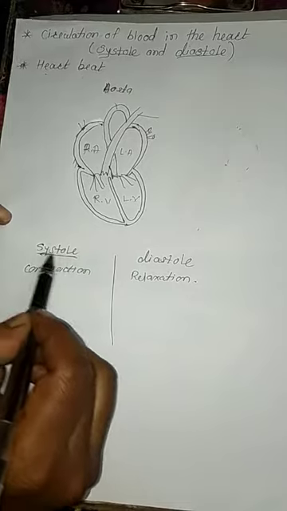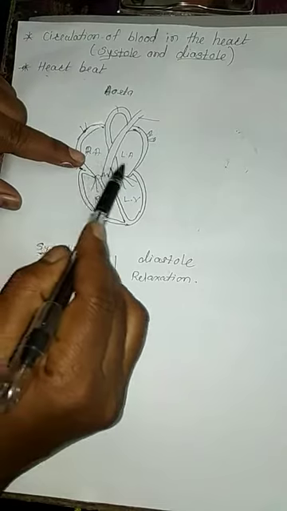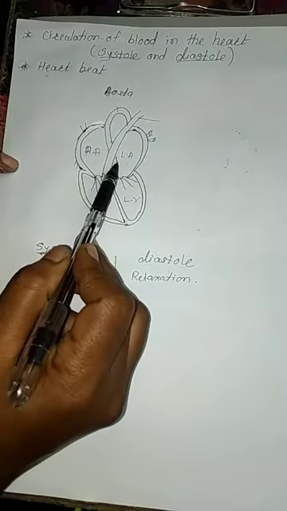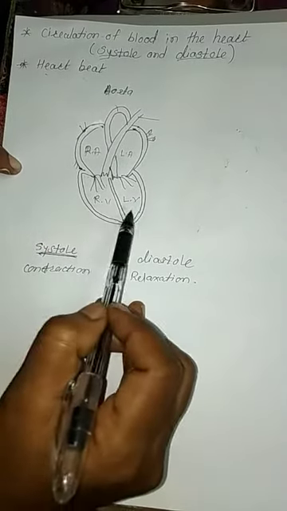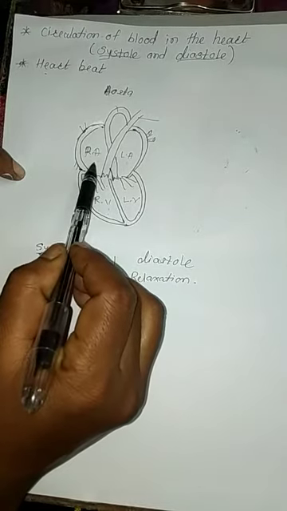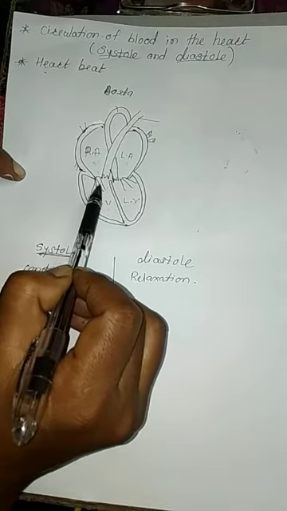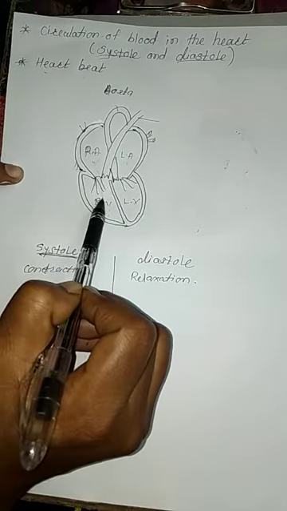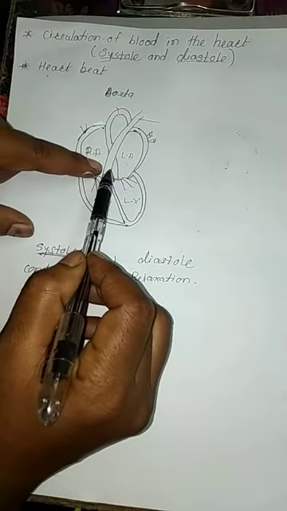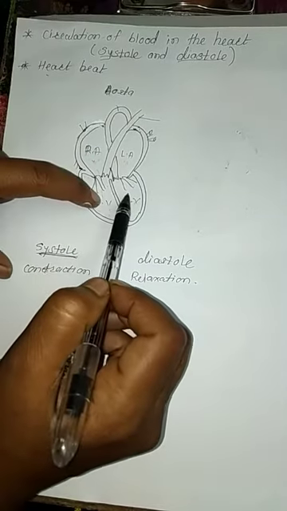Systole. In the systolic phase, when the two auricles contract, simultaneously the two ventricles are relaxed. When the two auricles contract, the blood is pushed towards the ventricles, moving from the auricles to the ventricles.